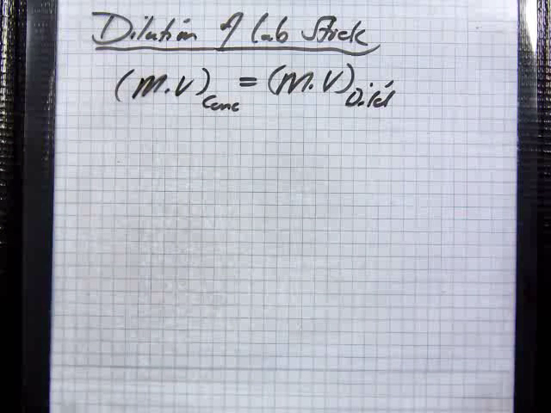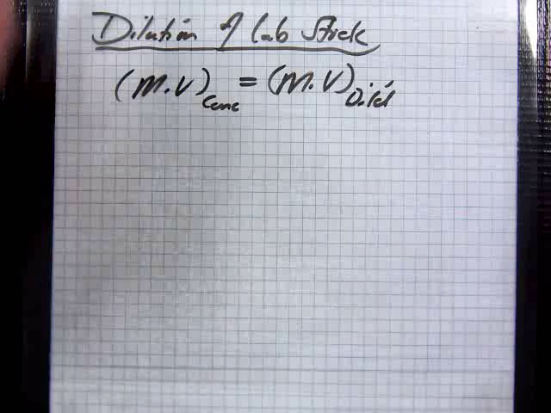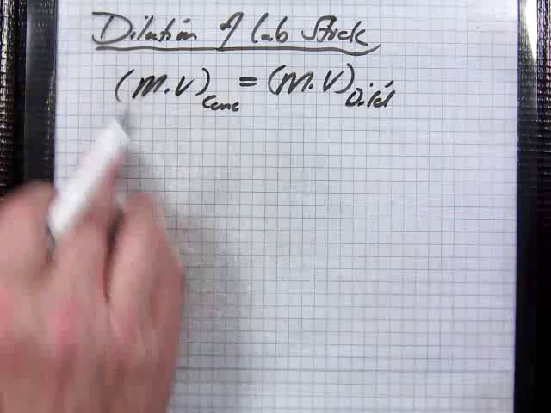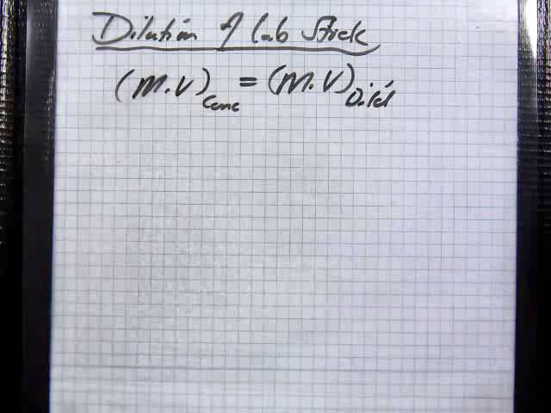It says, how much water do you pour on top of the concentrate to get to the final volume? Well, you already have 30 mils, so you're going to have 30 plus whatever solvent on top of it. But when you use this dilution equation, you're going to get the volume of the final solution total. So watch what happens here.